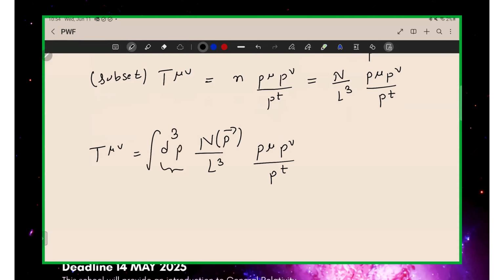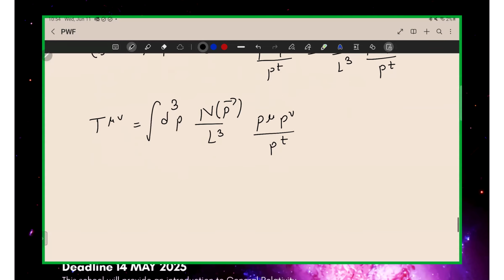This d3p means that you are integrating over px, py, and pz. Okay. Now, this is the stress tensor that we wanted to calculate, but we want to write it in terms of something that we understand better. So you can see that the L cubed is just a constant, so you can take it out. Okay, and then you get this thing.